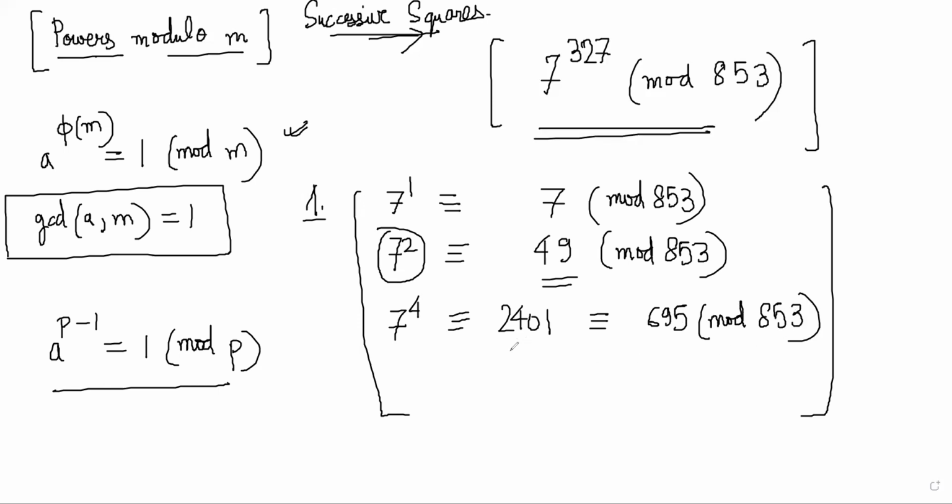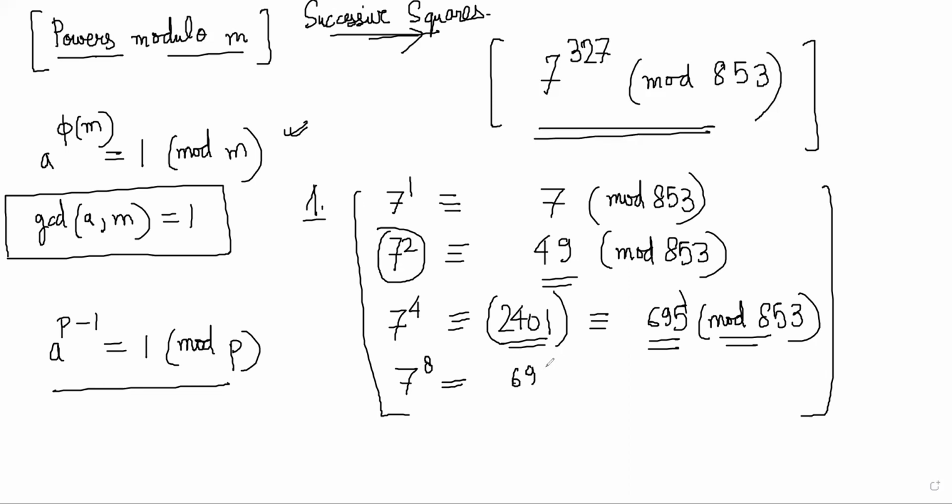This is just a series of calculations; in each step you are doing some calculation. For the next higher power, 7 power 8, don't do 7 power 8 directly, just square the previous value. Because it is modulo 853, it gives the same result.